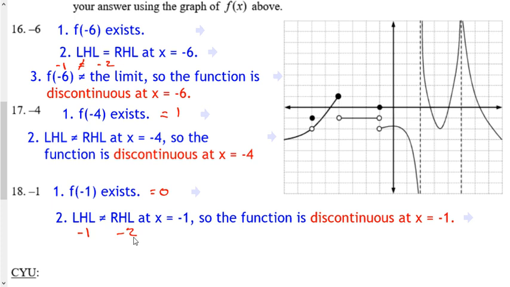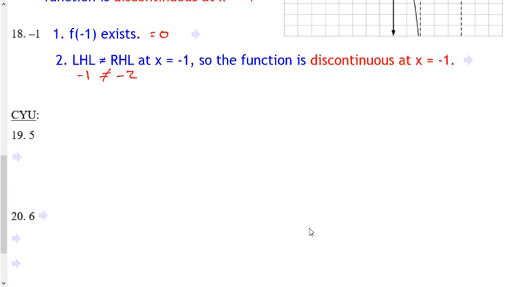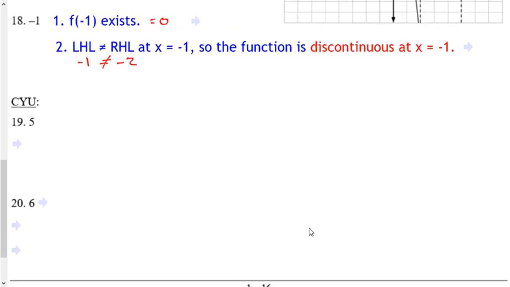They're not equal, which means the limit doesn't exist, and so the function is discontinuous at x equal to -1. Why don't you pause the video and take a look at question number 19 and question number 20, when our x value is 5 or when it's equal to 6.